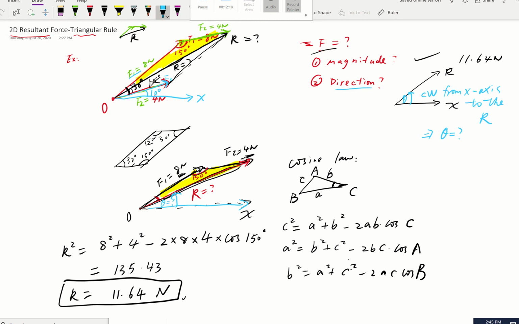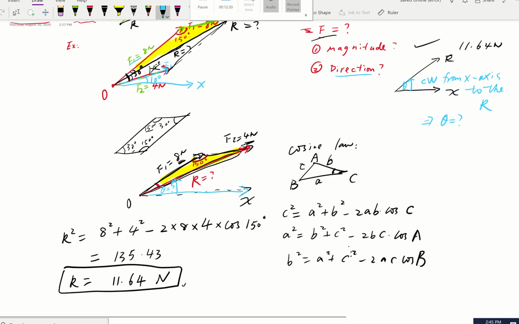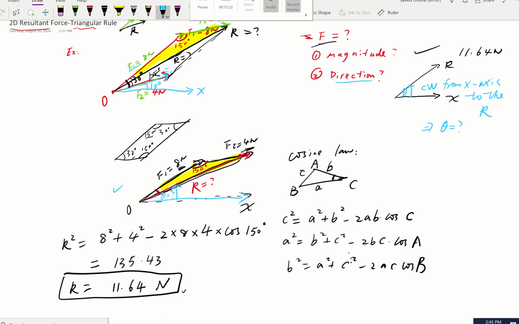How do we do so? Now let's go back to this triangle right here again. Since we need to find this angle right here, set up, and then look at this yellow highlighted triangle.